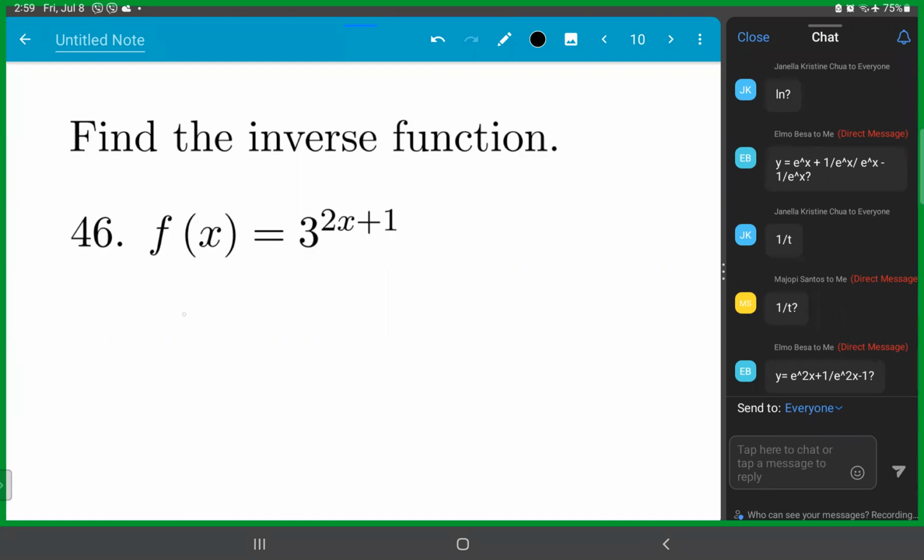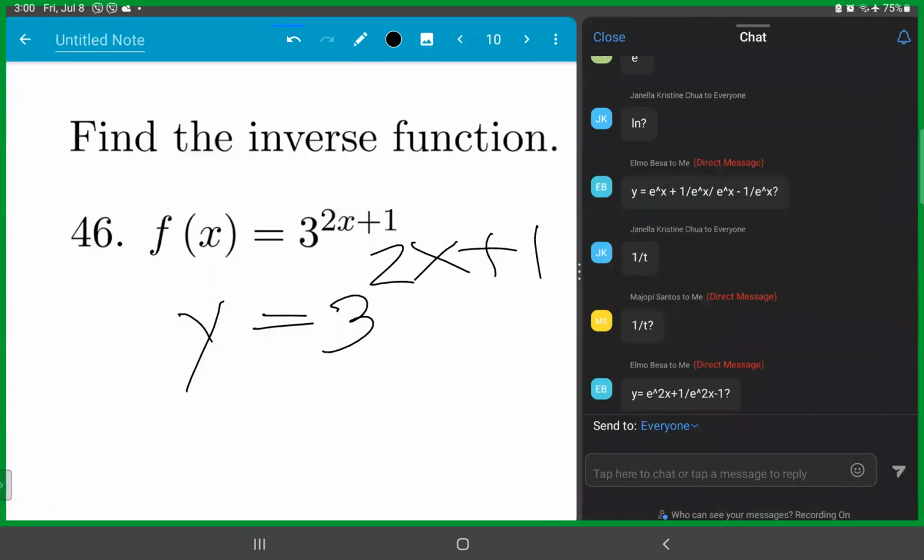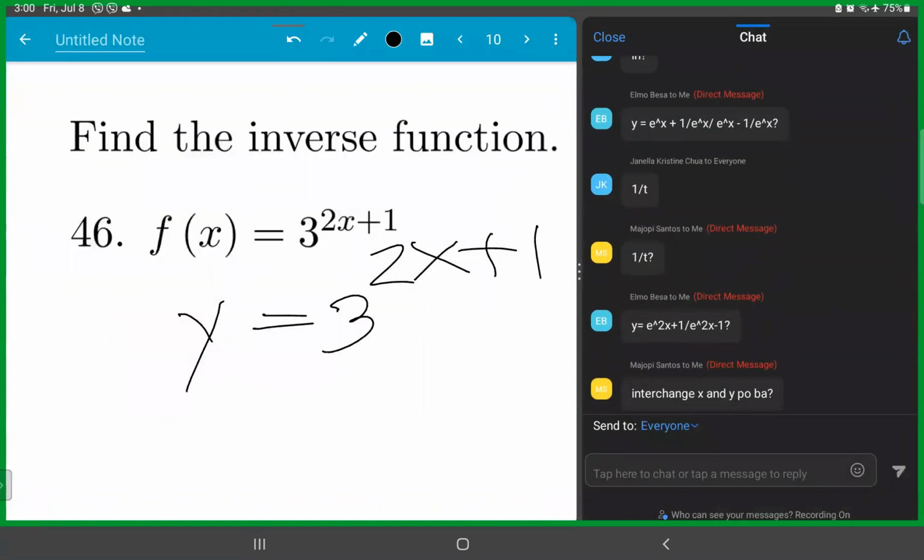So, we have y equals 3 to the 2x plus 1. Remember the steps for finding the inverse? Anyone? Sa high school, paano tinuro yung paghanap ng inverse? Anyone? Interchange. Yan, tama.